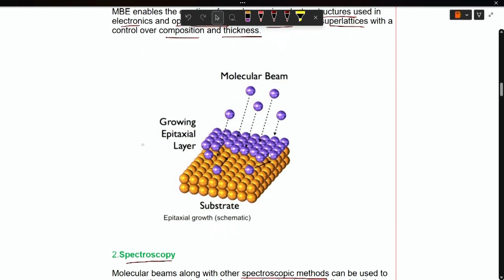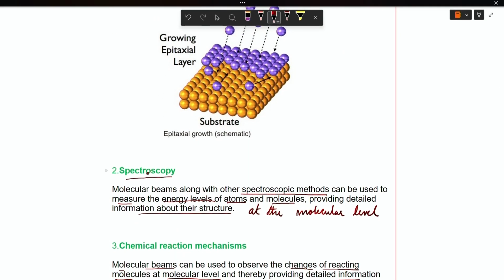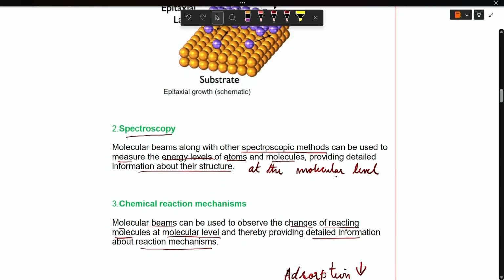Then in spectroscopy, you can find detailed information at the molecular level using molecular beams coupled with spectroscopic methods.